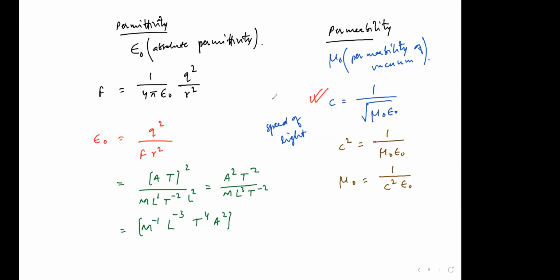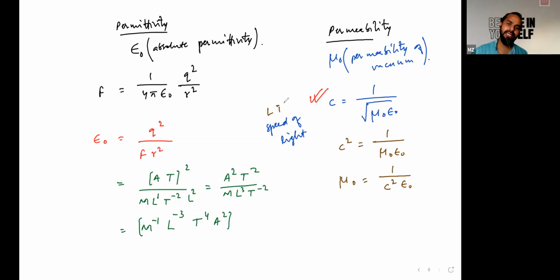C is nothing but the speed of light, having dimension L T to the power minus 1. Put this in this part.